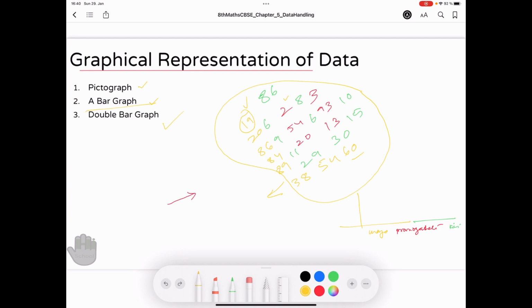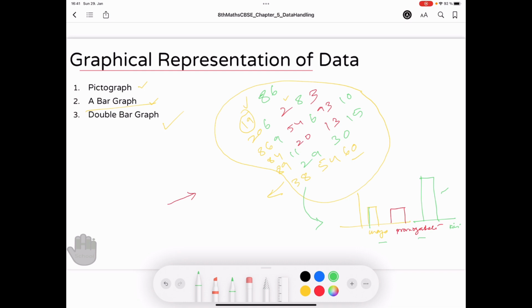So we find the pomegranate height something like this, and then the kiwi height something like this. I mean, randomly. Ideally mango should be higher than kiwi, but this is how we have categorized it in a bar graph. We represented the maximum height of these three fruits.